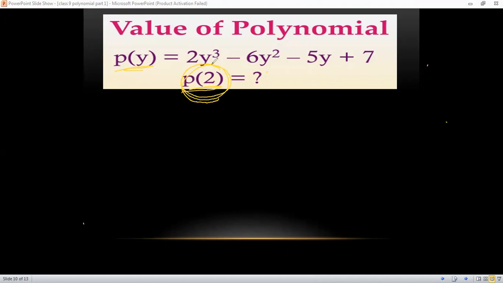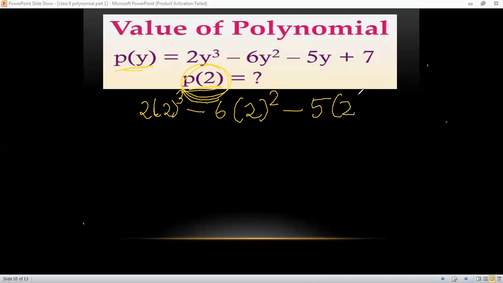Now in place of y we will write 2. So what will I write? I will write 2 to the power 3, then here power 2. At the place of y, I am writing 2, plus 7.